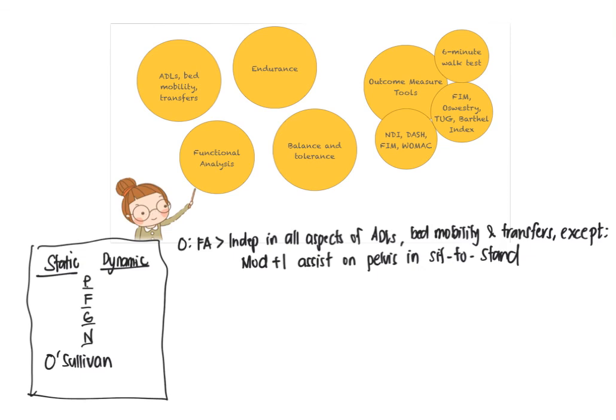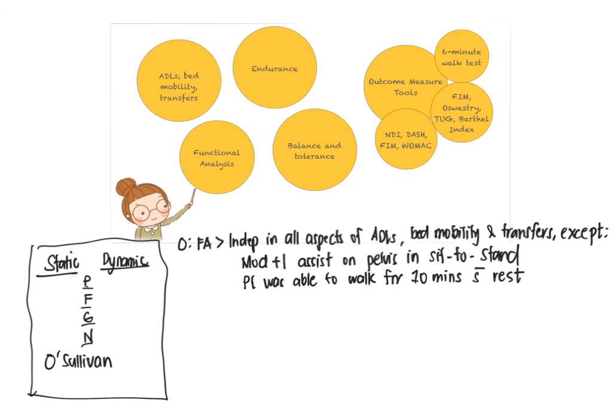For endurance, how are you going to document endurance? So you just write, okay, patient was able to walk for, you write the time, let's say 10 minutes, no, without rest.